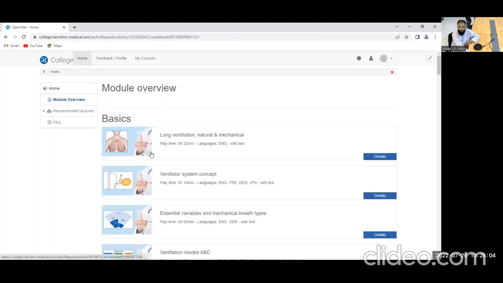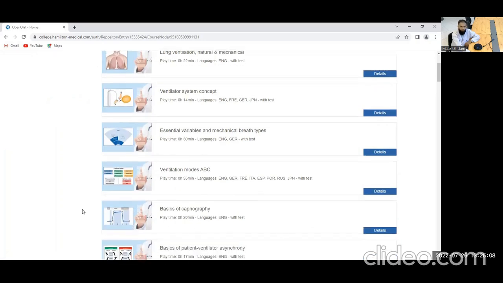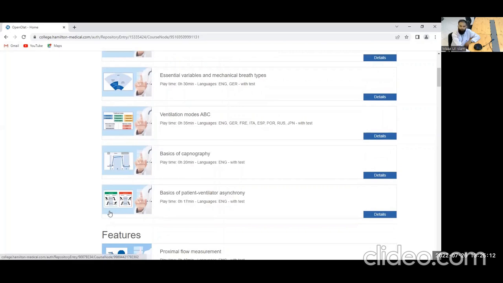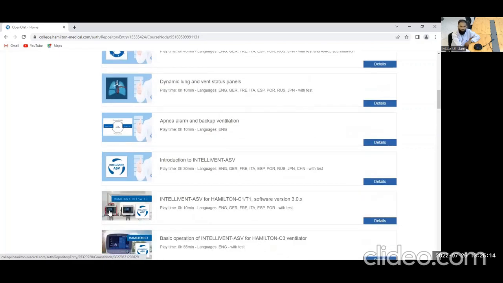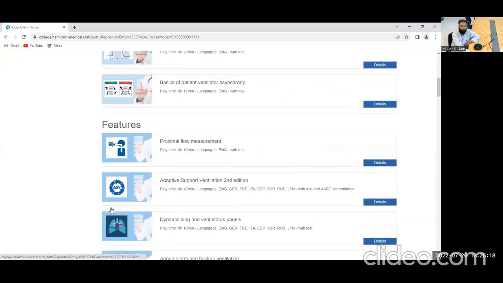So these are the complete modules: basic modules, featured modules, and product modules.